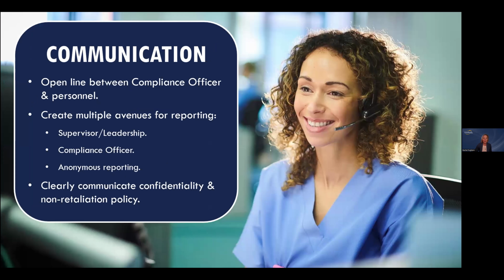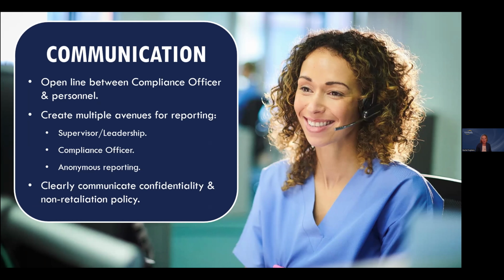And then with communication, we do want to stress that there's an open line between the compliance officer and all personnel at the organization. However, it's also okay for the staff to go to their immediate supervisor or a director of that department. They can go again to the compliance officer. Even going to a member of the C-suite is completely appropriate for them to report a compliance concern.